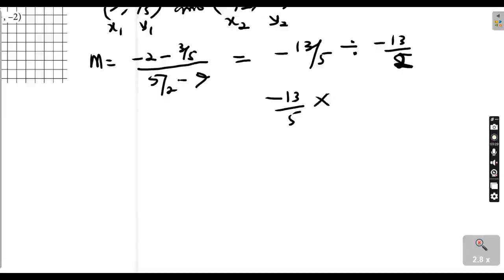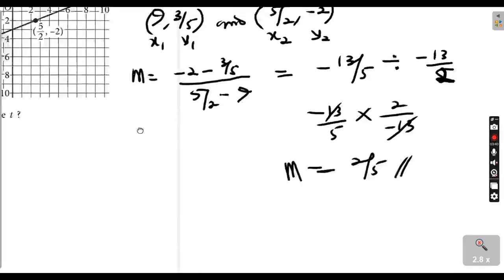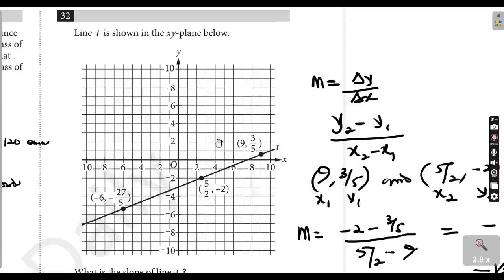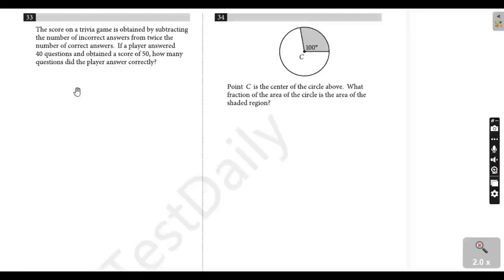So -13/5 times 2 over -13. 13 will cancel 13, and our answer is 2/5. So the slope of this line is 2/5. Next question.